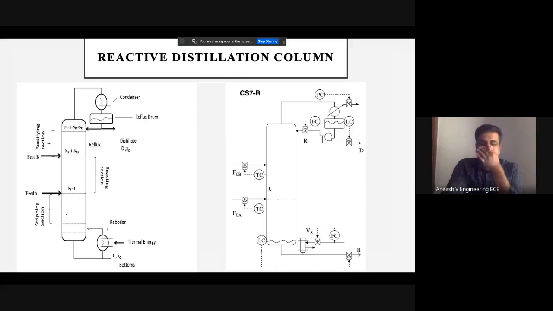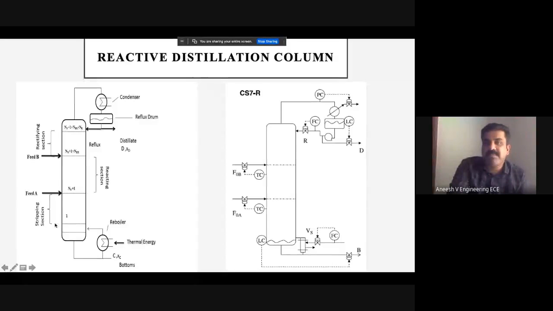Similarly, the same Luyben made another objective known as the reactive distillation column. The reactive distillation column is somewhat similar to our binary distillation, but here you can see that we need to give two feeds, feed A and feed B. Between feed A and feed B, this particular portion is known as the reactive section.